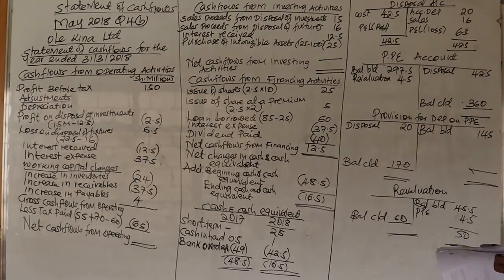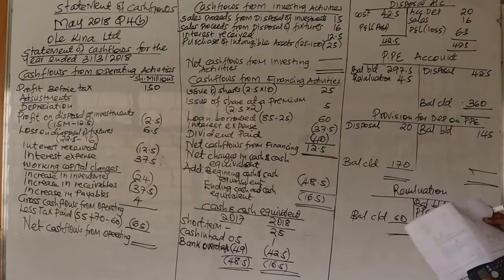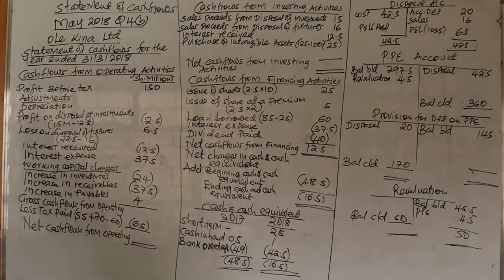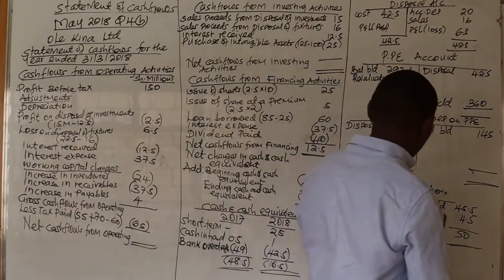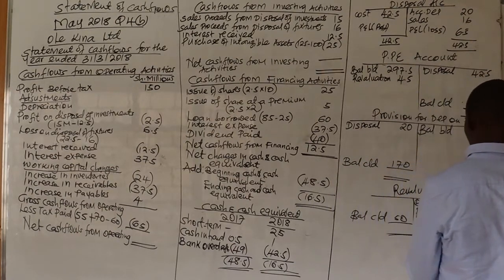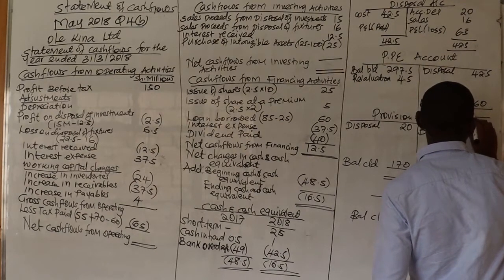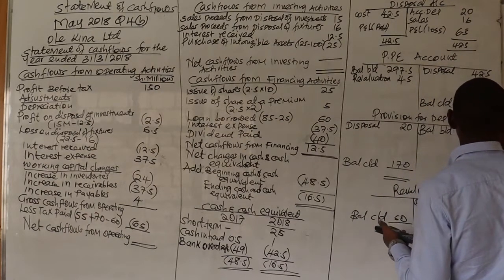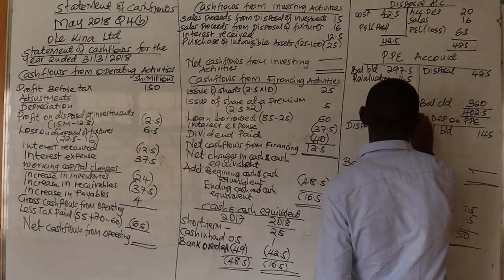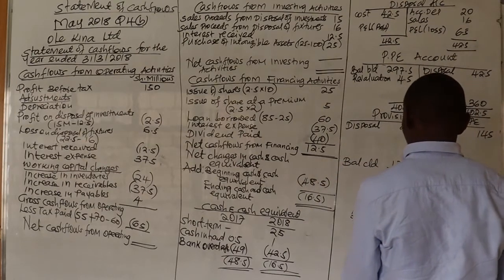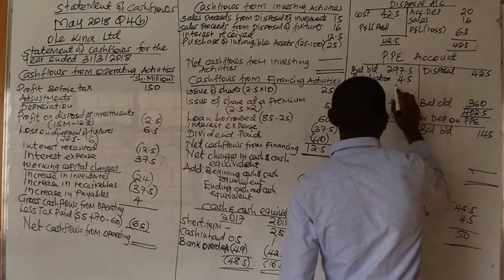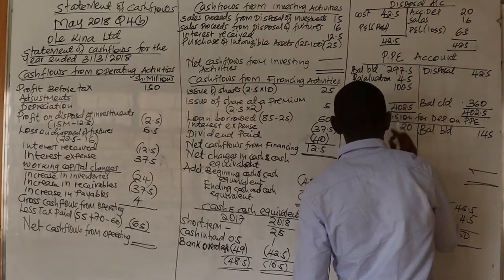And therefore, as a result of that, you can now balance the asset. You can now balance the PPE. So in this case, it will be 360. You add 42.5, which in that case will be 402.5. So you minus 297.5, you also minus 4.5, which in this case, the difference is 105.